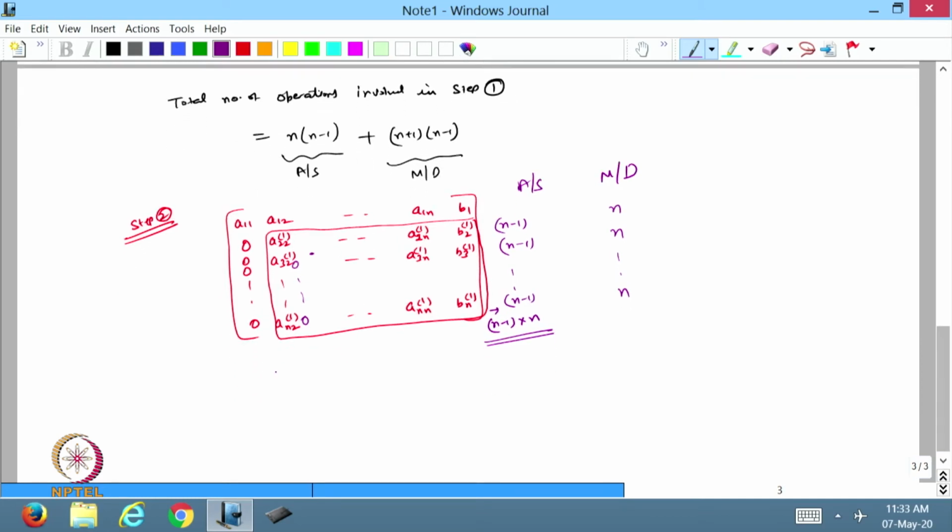Now, from here I can see the total number of operations involved in step 2. See, the number of rows is n minus 1 and I am leaving the first one, so it will be n minus 2.